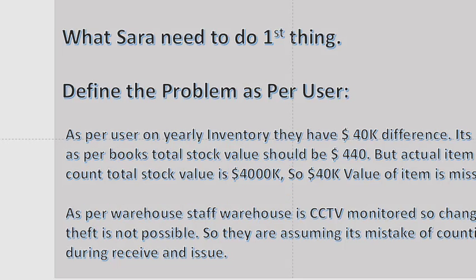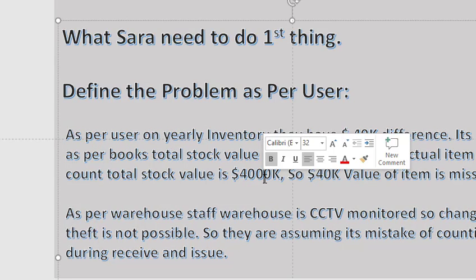What does Sarah need to do? First thing, define the problem as per the user. As per the user, on yearly inventory, they have a 40k difference. As per the books, the total stock value should be 440k, but the actual item count value is 400k. So material worth 40k dollars is missing.